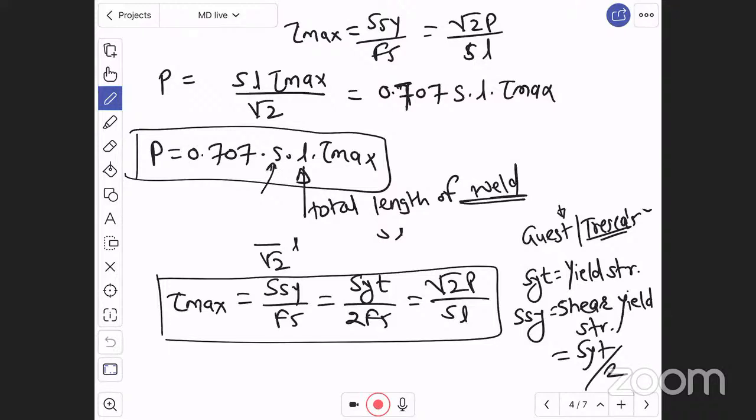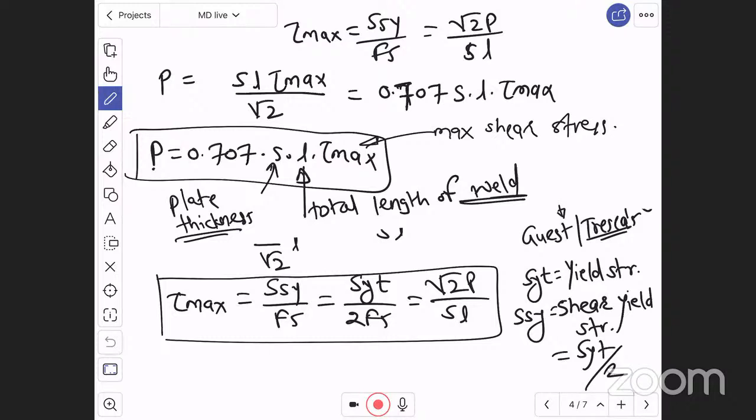S is plate thickness, which is generally given in the examination. Tau max is maximum shear stress, which is nothing but SSY divided by factor of safety. And P is load carrying capacity, the applied load. What is the maximum load the plate can carry?